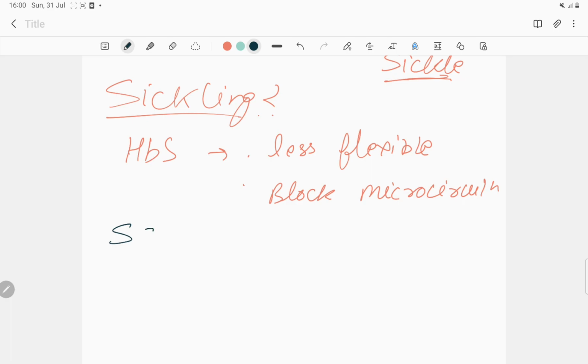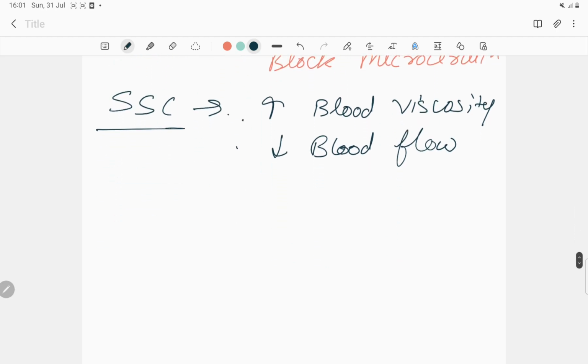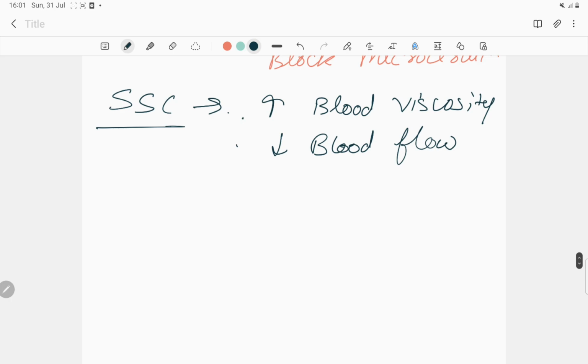Now the sickle shaped cells are no more normal RBCs. They will increase the blood viscosity. They have a tendency to stick with each other, they become more sticky, they block the circulation, they become less flexible, and ultimately there is a decrease in blood flow to the various tissues of the body.